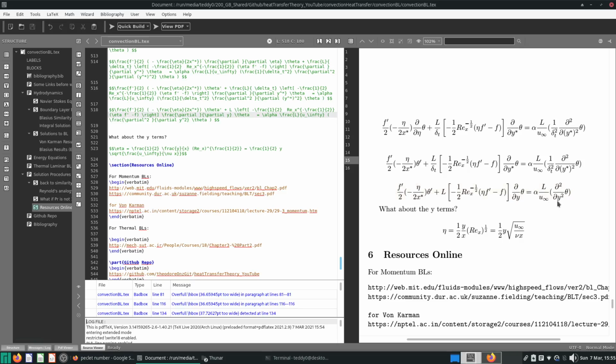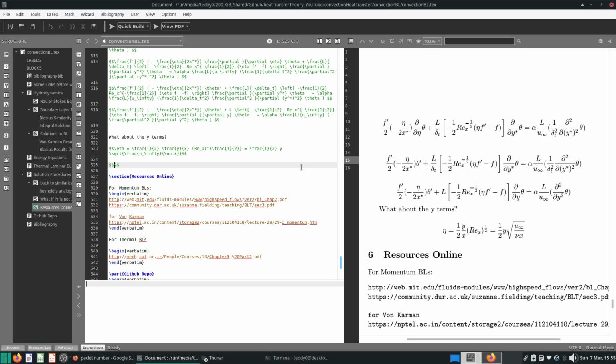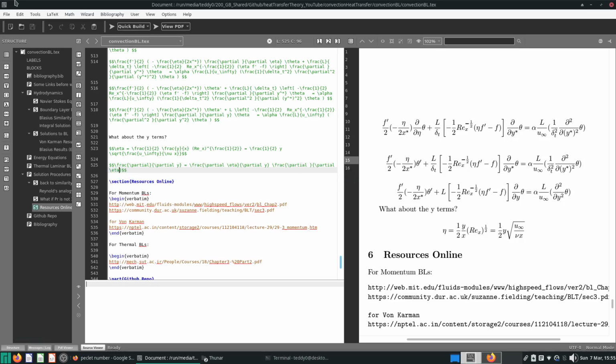Once it has become y, now I can just do very simply del by del y. Fraction del by del y equals fraction partial eta partial y, times fraction partial by partial eta. Not too bad there.